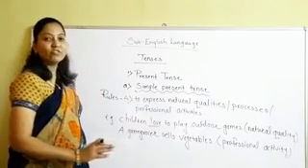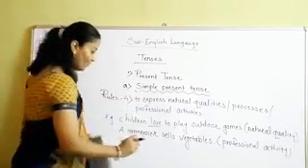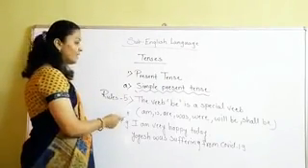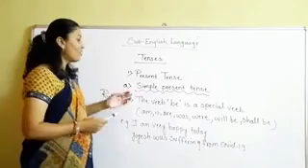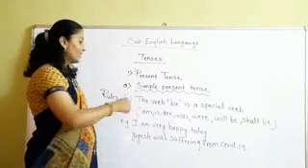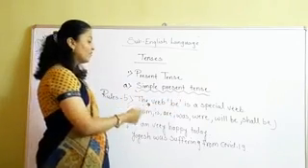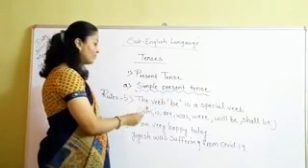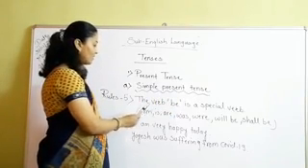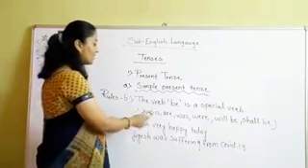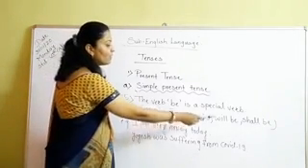Now next, the fifth rule that we are going to see. Students, the fifth rule is about the various forms of the verbs of be. Be is a special verb, and various forms of the be verb are am, is, are, was, were, will be and shall be.